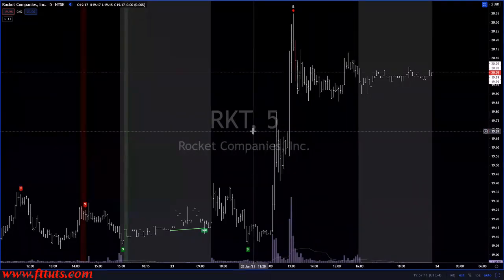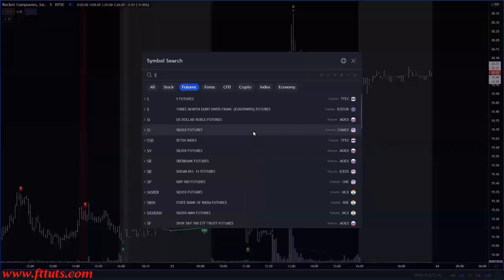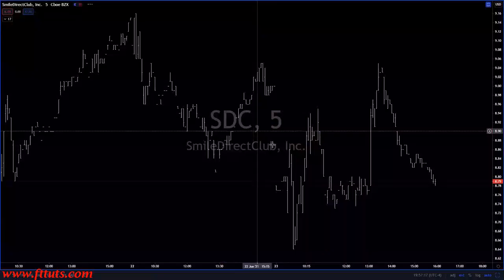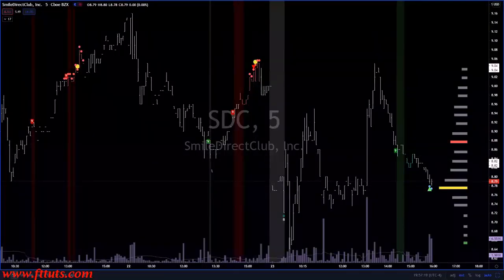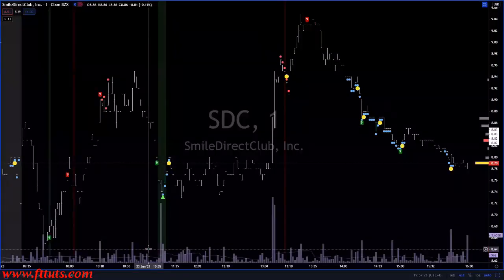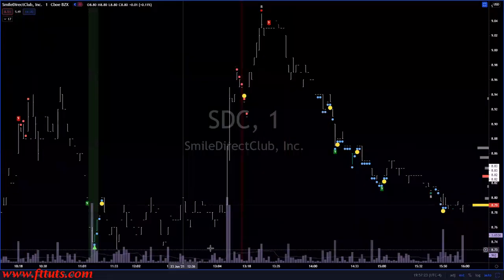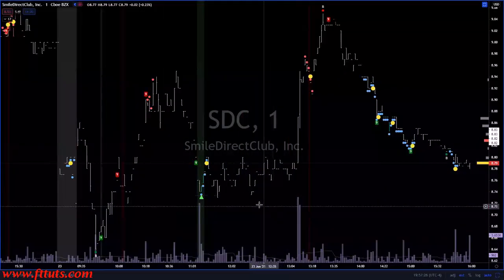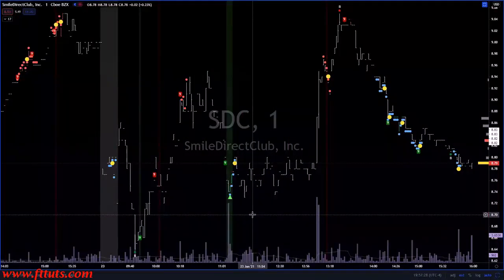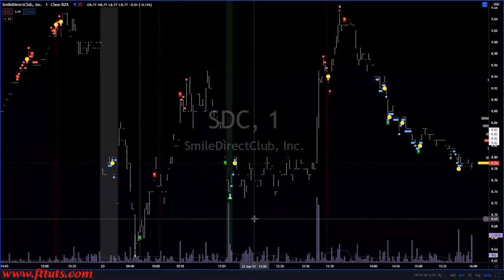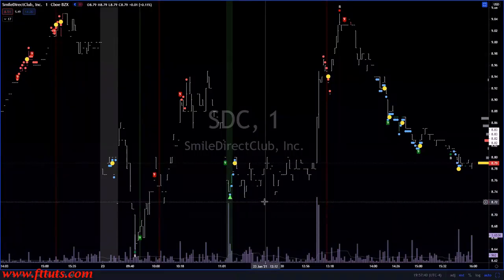Here's an example, right? So this was a good trade. And by the way, talk about scratch trades. You know how many scratch trades I took on this Smile Direct, playing it off action? Because it does this all the time. But it doesn't bother me, because maybe tomorrow I catch it at a decent spot and she goes parabolic.